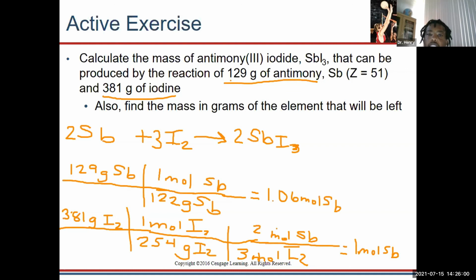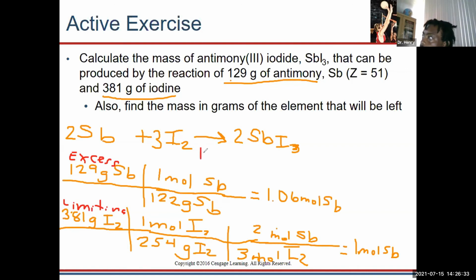Antimony is in excess. The iodine is limiting. Okay, so the limiting reactant is going to dictate how much we have. So we can use that 1 mole of antimony.